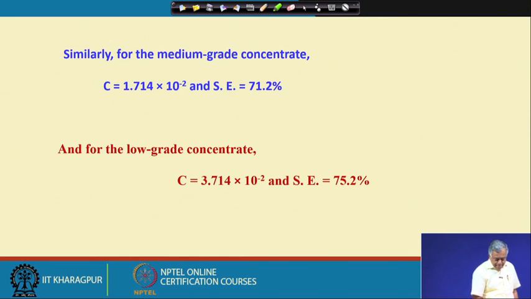Similarly, for the second situation, if you calculate in the same way, you get a capital C value of 1.714 multiplied by 10 to the power minus 2, and you will arrive at a separation efficiency of 71.2%.